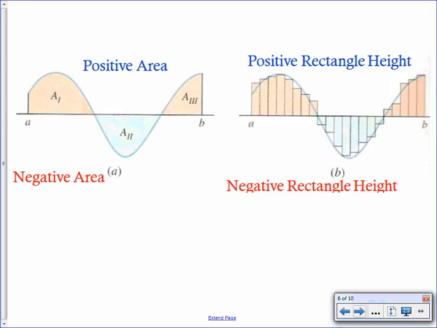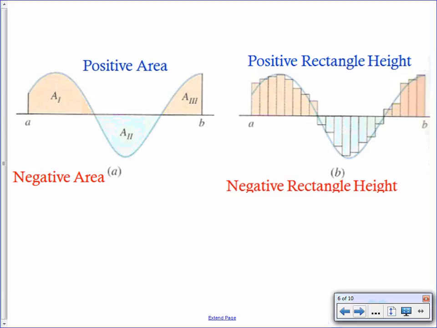So I have area of 4. But since it's below the x-axis, it has area of -4. What's the area of this triangle right here? It has area 1. When we add these two together, we have area -2.